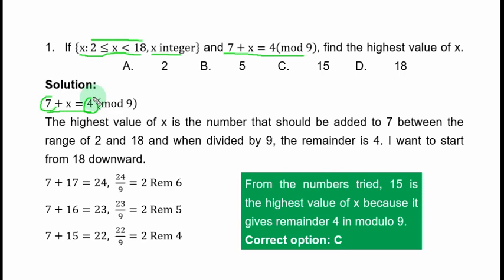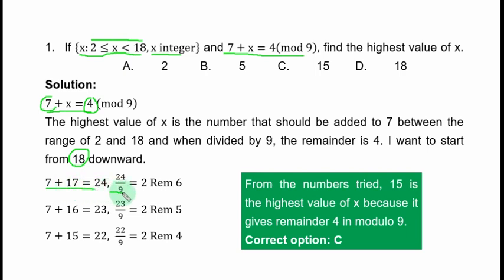Now I'm going to start from 18 downward, but because of the range, we start from 17 because S is less than 18. So we add 17 to 7 and divide by 9 to see if the remainder is 4 or not. 7 plus 17 is 24.